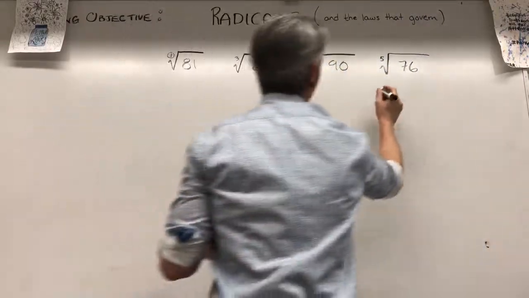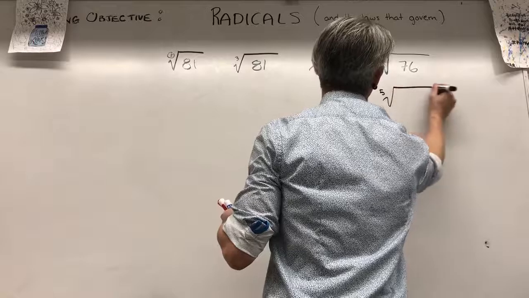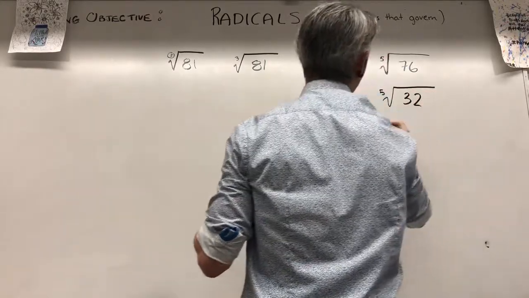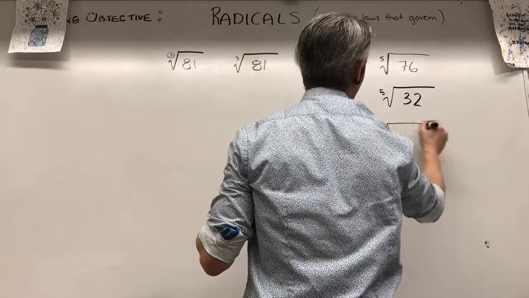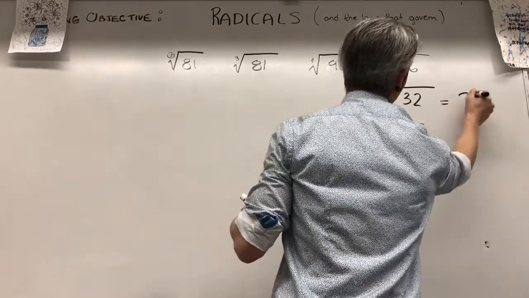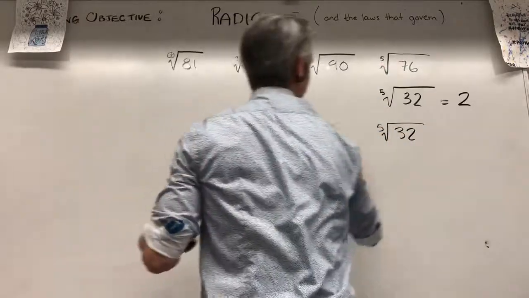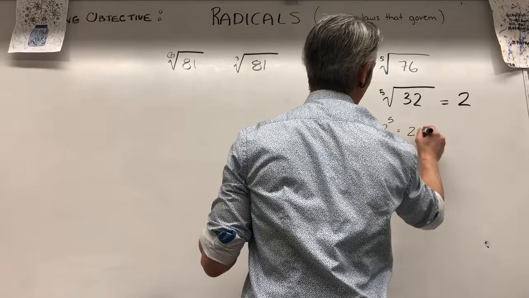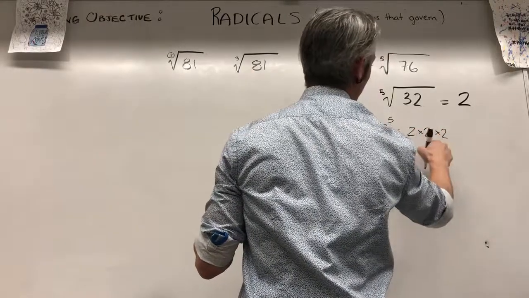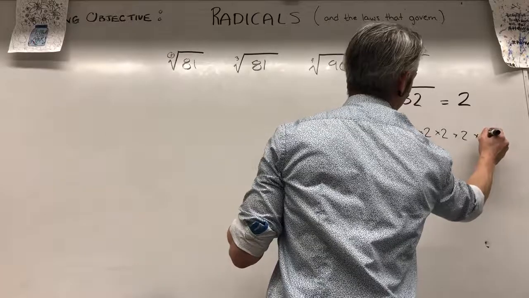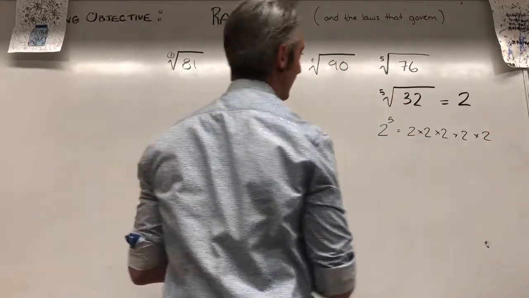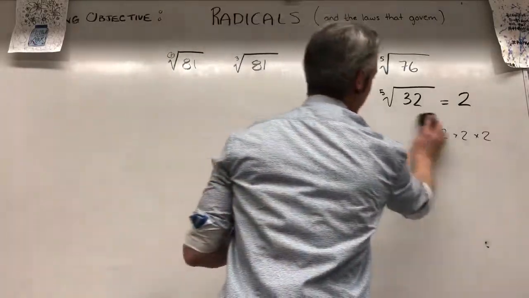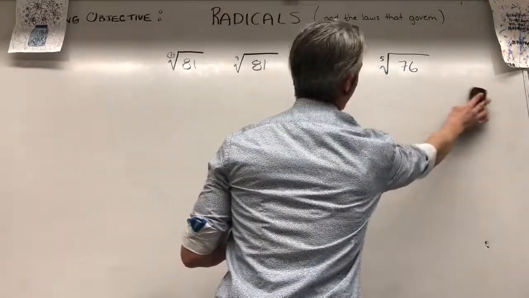So the pentaroot, for example, of 32 would be equal to 2, because 2 to the power of 5 is equal to 2 times 2 times 2, 8 times 2, 16 times 2, 32. So that's just what a pentaroot is, 2 to the power of 5, or the reverse.